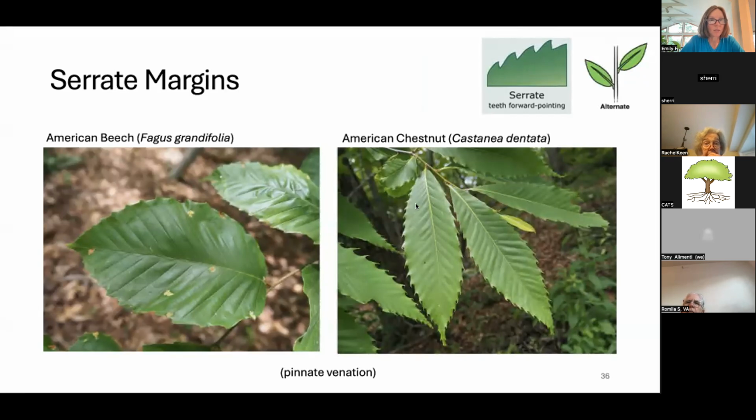And both of these leaves have pinnate venation. So we talked about pinnate compound leaves, and they also use pinnate again for the fact that these veins go out and they almost look like they're in parallel lines from the midrib. And that's when we use pinnate venation.